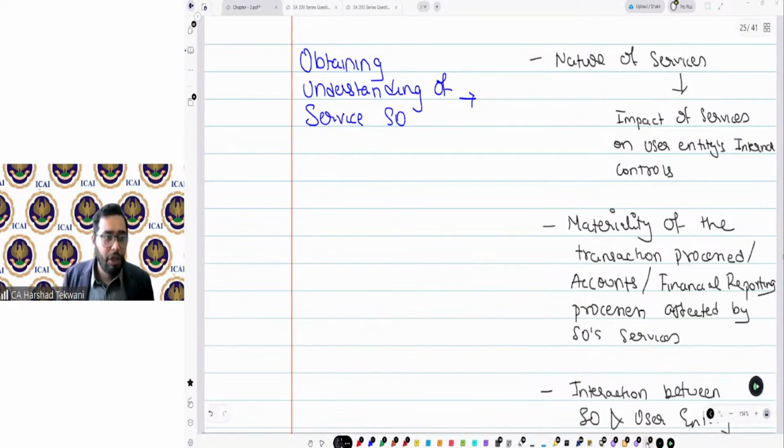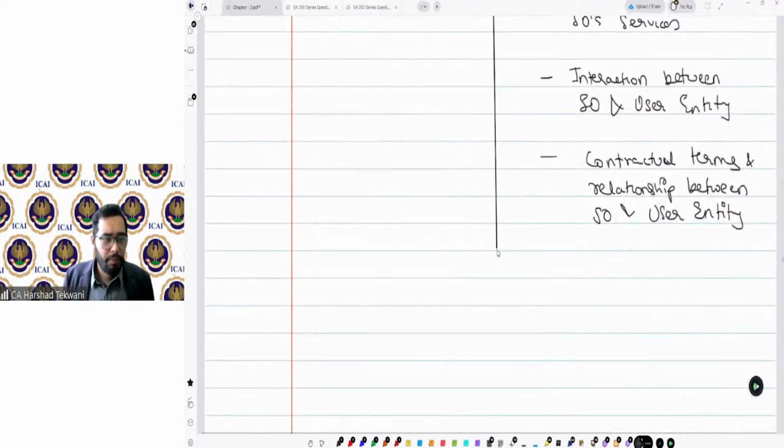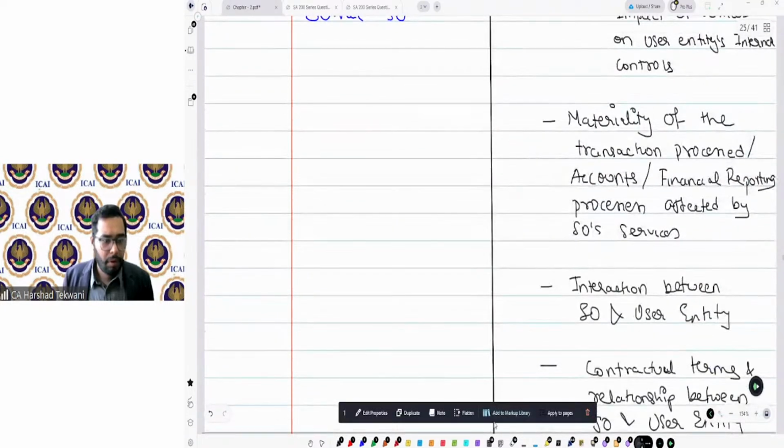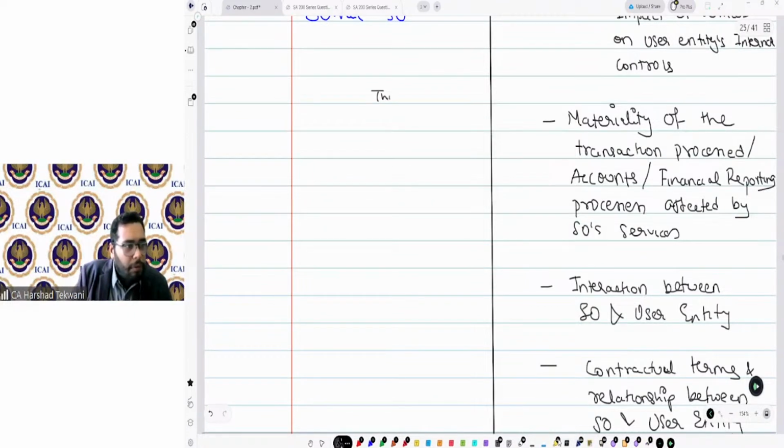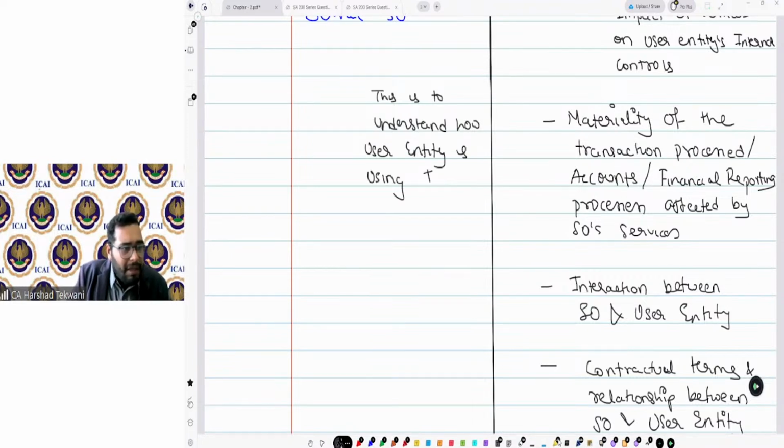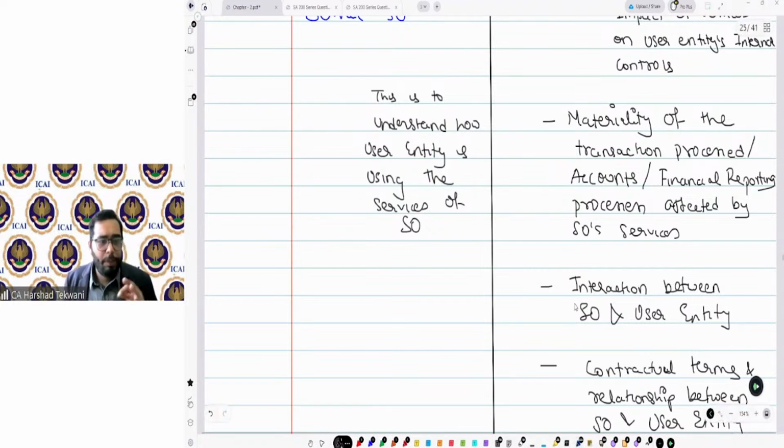This is to understand how the user entity is using these services of service organization. Now the question is, who will provide us this data?